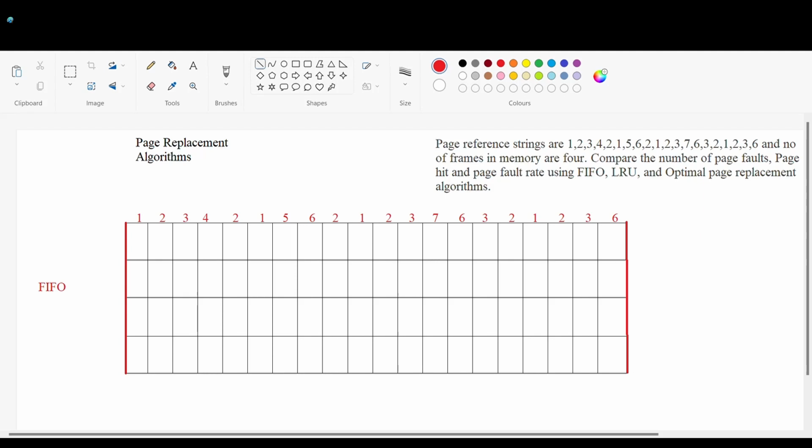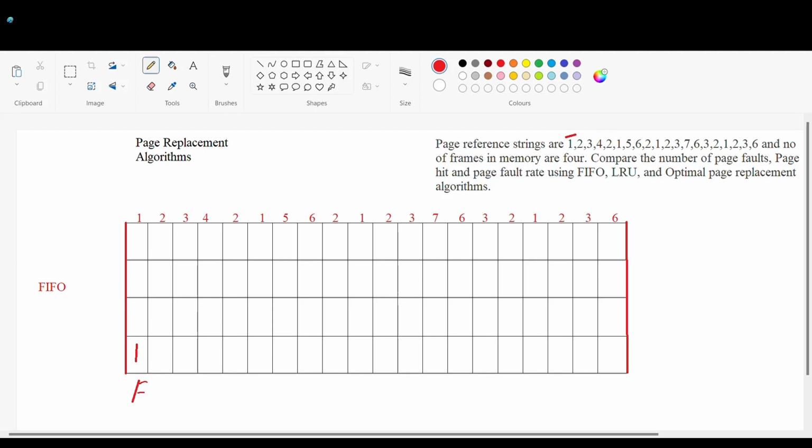So page number 1 will be loaded into a frame, right? There are 4 frames in the memory, and 20 pages are requested. One page is loaded into the memory, so this is a page fault. I write F here, clear?